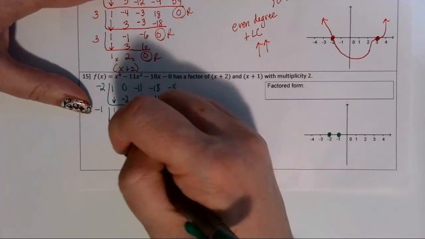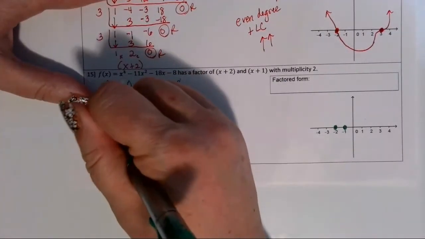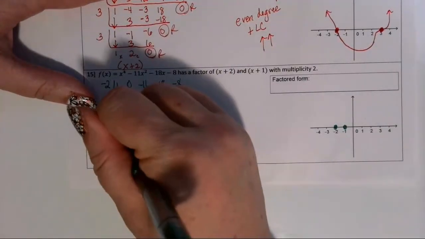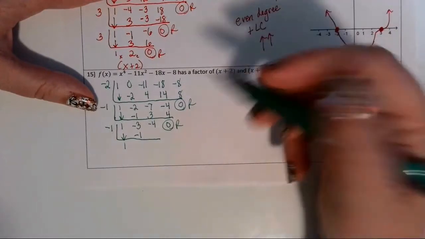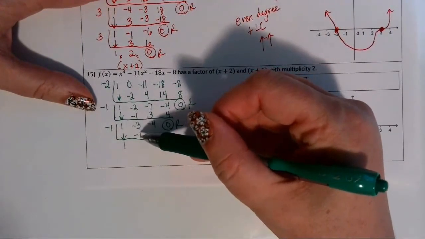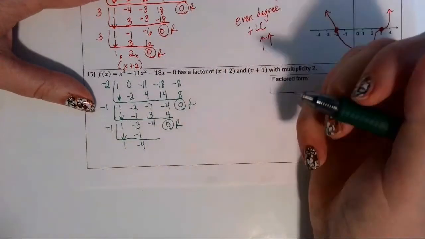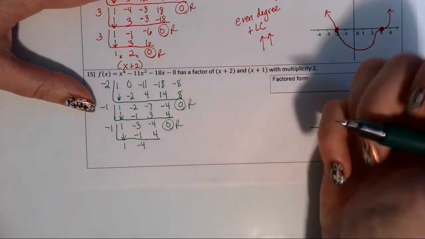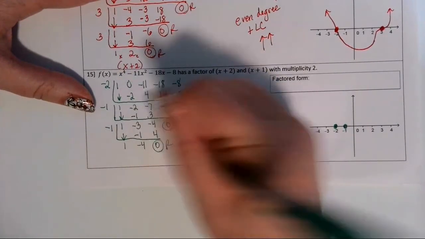Now, since we had multiplicity of 2 on that factor of x plus 1, we can repeat that root and bring down the first term. 1 times negative 1 is negative 1. Add them together. Negative 3 plus negative 1 is negative 4. Multiply. Negative 4 times negative 1 is positive 4. Add them together. Negative 4 plus 4 is 0. That's the remainder.